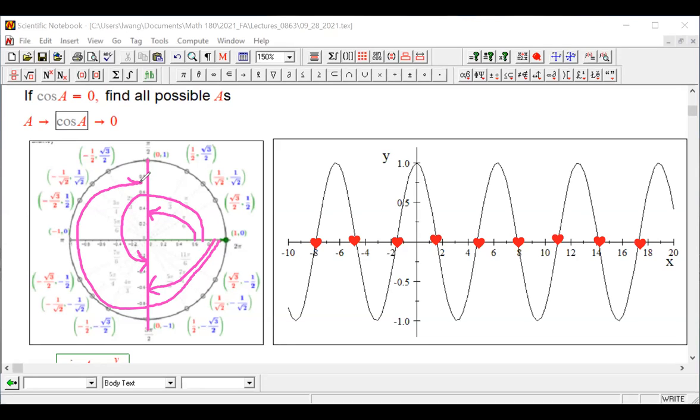Could I keep this process going? Yeah, right? So what are those angles? Let's write down those angles.